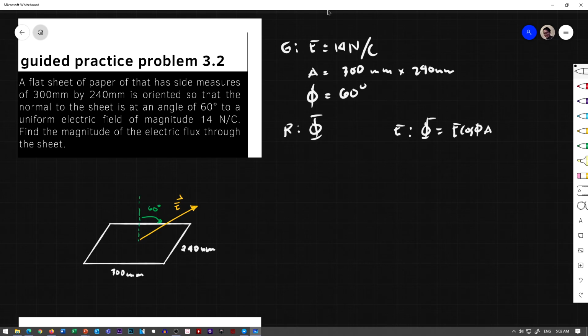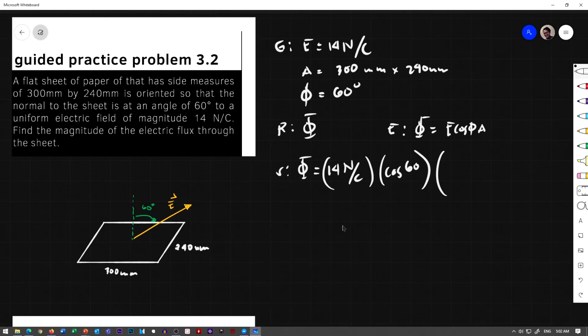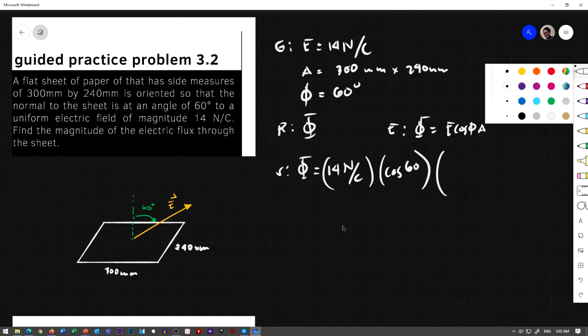So this is the equation. Now we can substitute. So electric flux is equal to 14 newtons per coulomb multiplied by cosine 60, multiplied by, so our area is 300 millimeters by 240 millimeters, so we can convert that one.